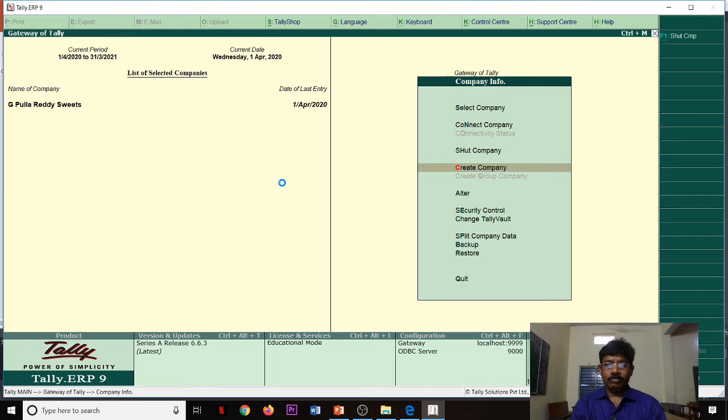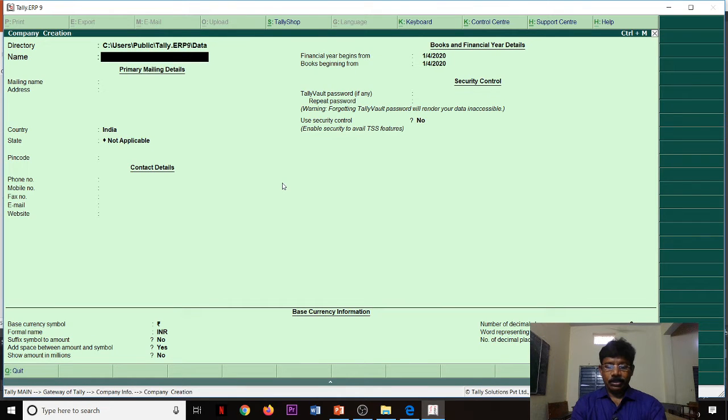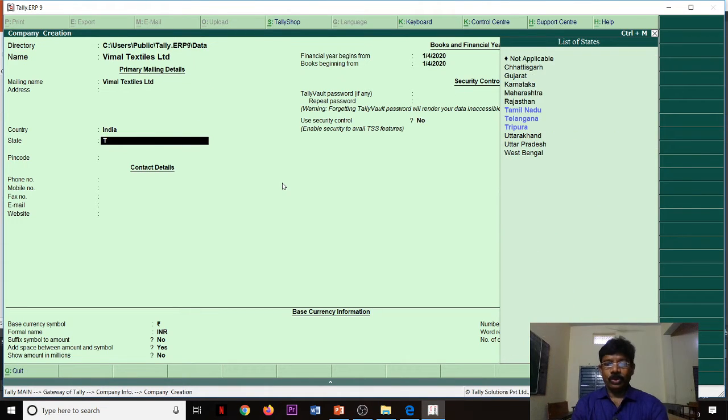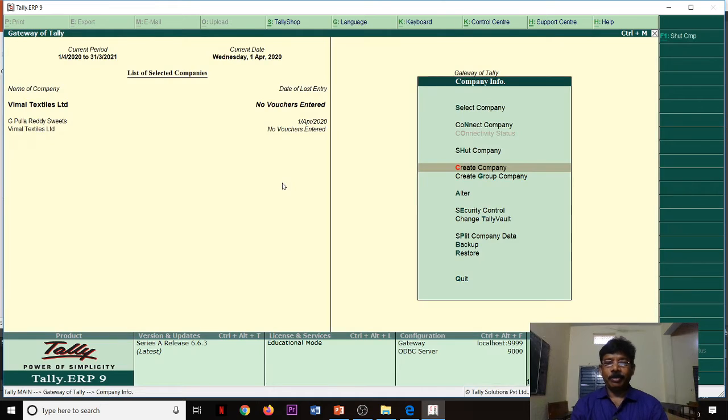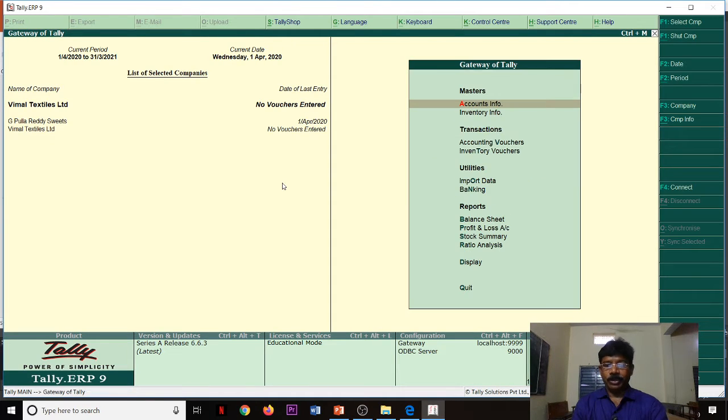Create company: Vimal Textiles Limited. Address and everything, you can go according to your wish or according to the information. Books beginning was already explained in earlier lectures, that's why I am not going in deep. For entry purposes only I am creating the company.